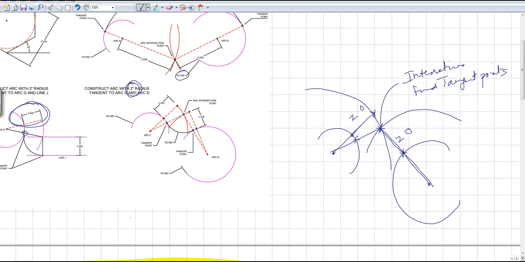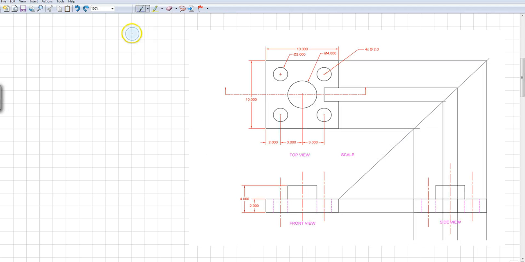Now what I need to do is just take my compass, put the pointed end on the intersection, and the pencil edge onto my tangent lines, which is this and this, and then just complete my arc. So if you measure it, that arc is going to be of a radius of 2.0. Got it?